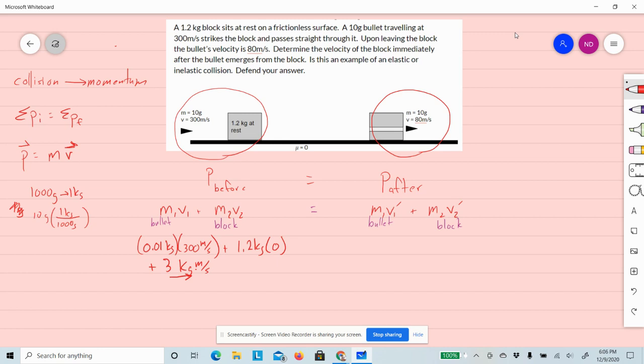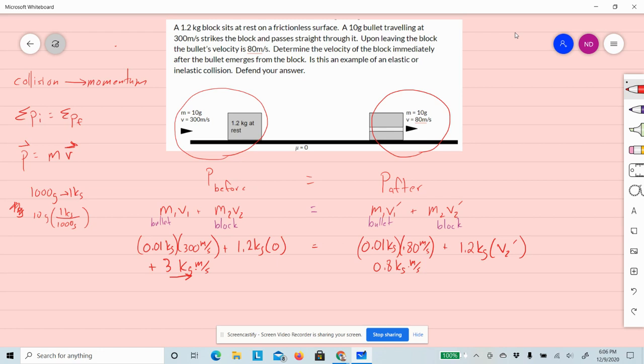The momentum after is going to be the mass of the bullet, which doesn't change, times the bullet's new speed of 80 meters per second, again to the right, so we keep it positive. That becomes 0.8 kilogram meters per second, plus the mass of the block, 1.2 kilograms, times its new speed.